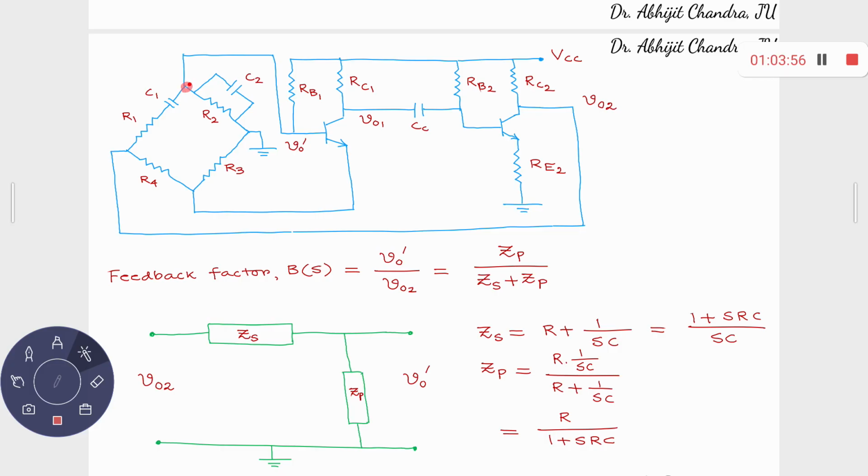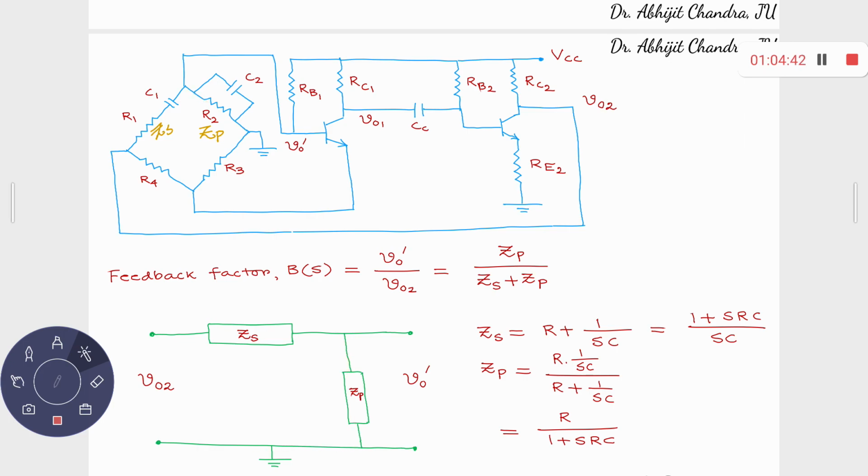Basically, the voltage at this terminal, yes or no? So therefore, this is ZS. This is ZP. Now try to identify VO2, ZS. This terminal is your output terminal, V0 dash. Through ZP, it's connected to ground.